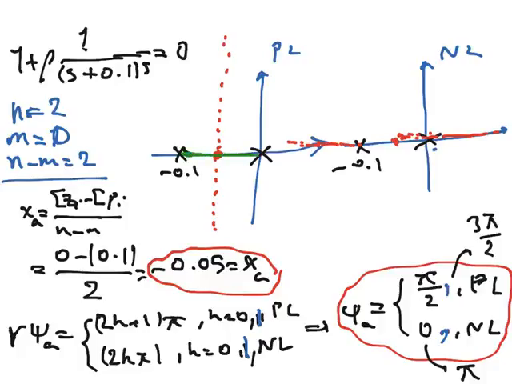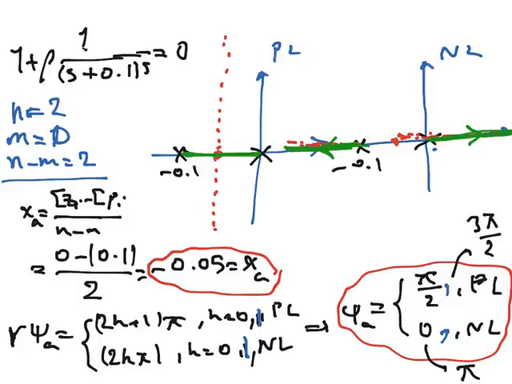So this will be the part of the real axis belonging to the root locus. In the case of negative locus, our branches will start from the poles. One will go towards plus infinity and the other one will go towards minus infinity.